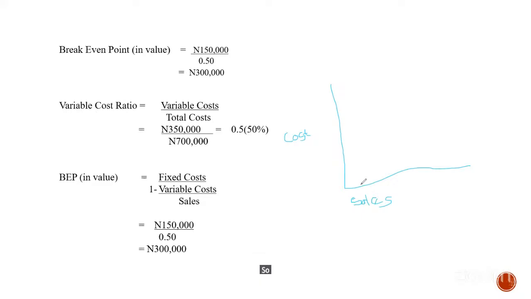So let's assume this is 100,000, 200,000, 300,000, 400,000, and let's say we have 500,000.